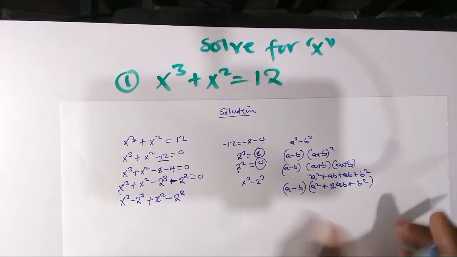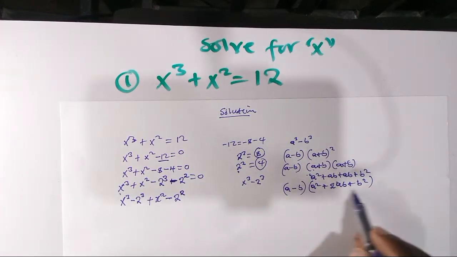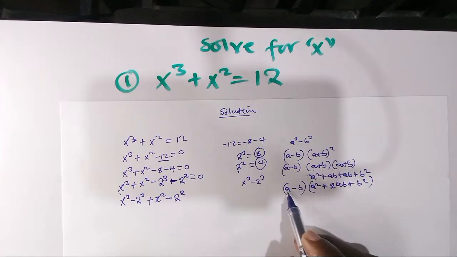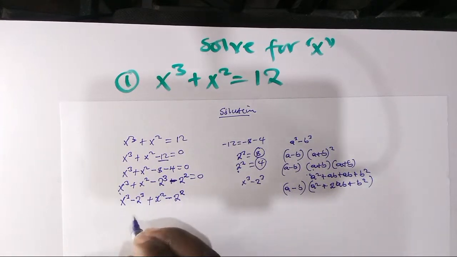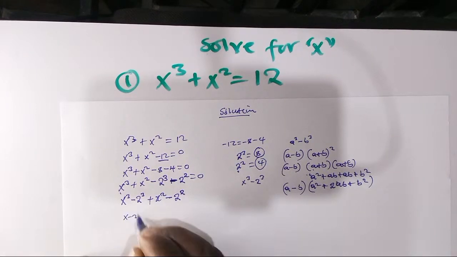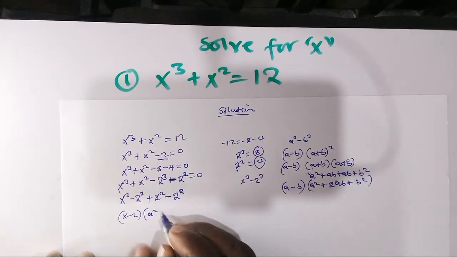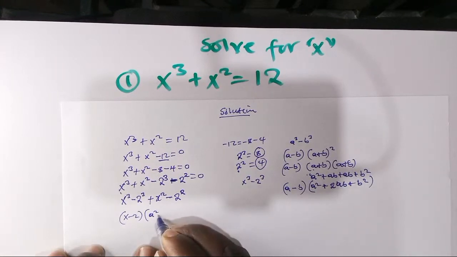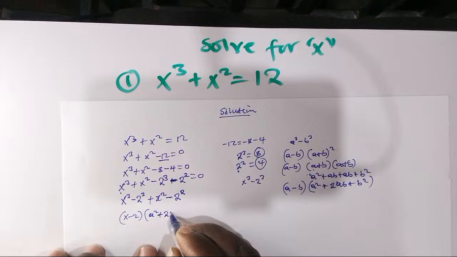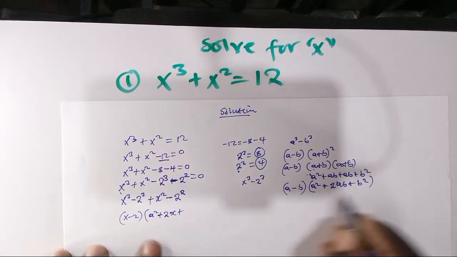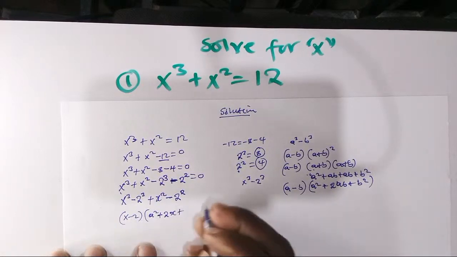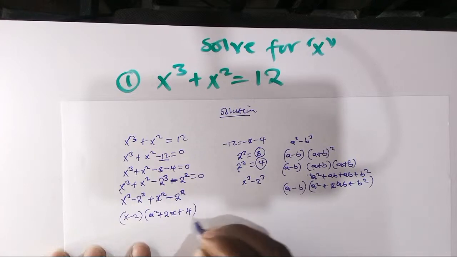So now let's substitute these values, where a is x. So we have x minus 2 in the bracket, then an open bracket with x squared plus 2x plus, when you square the 2, 4, right?